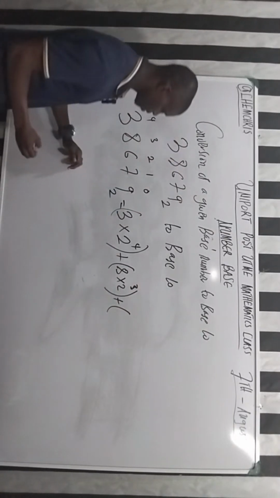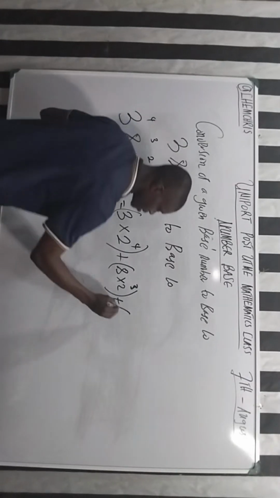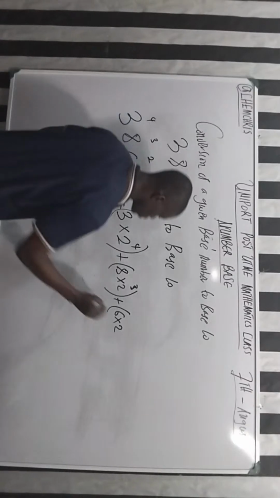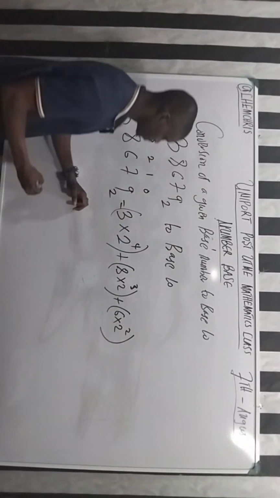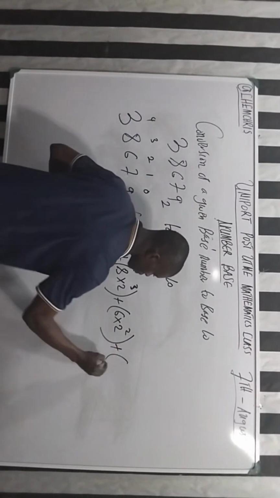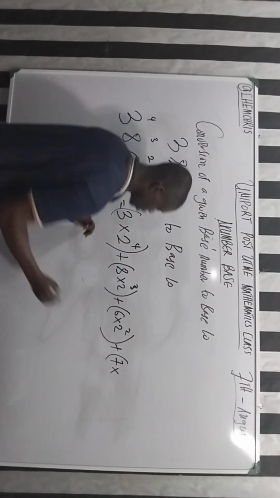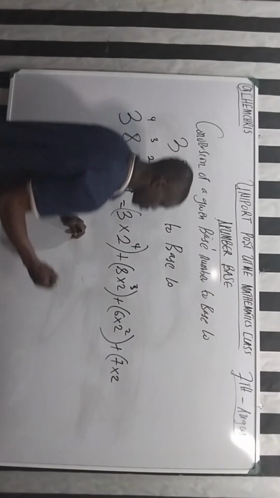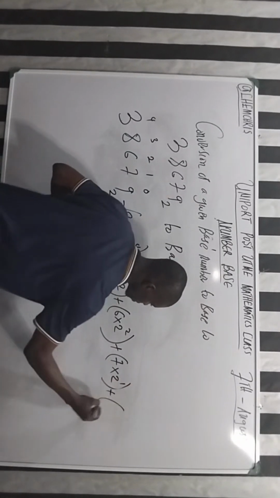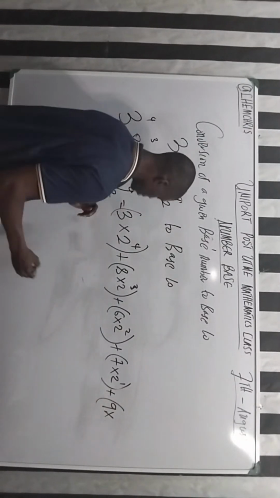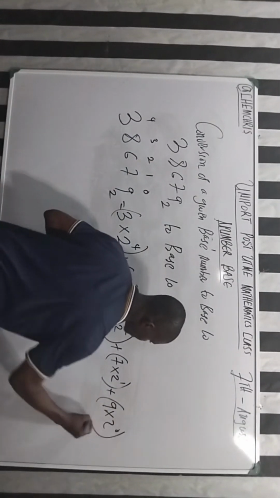Plus 6 times 2 raised to 2, right? Plus 7 times 2 raised to 1, plus 9 times 2 raised to 0. That is it.